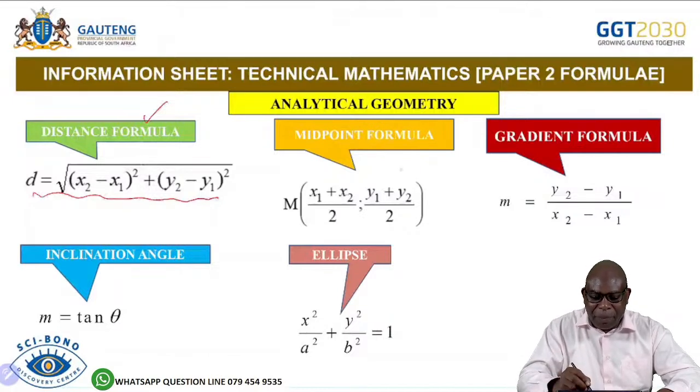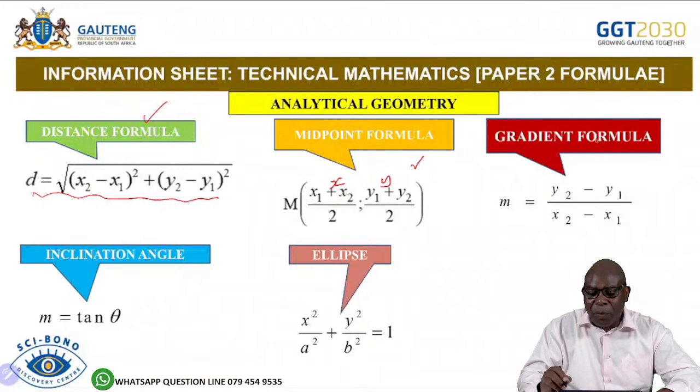The next formula is the midpoint formula, whereby you'll be asked to calculate the coordinates of the midpoint of a line. So in other words, the 2 points will be given. You will be requested to calculate the midpoint. So it's a point, it's an x value and a y value.